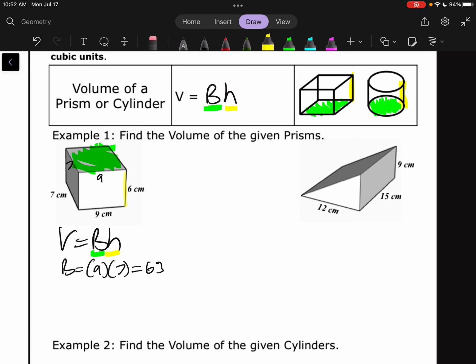And then the height is 6. We will do 63 times 6, and that is 378 centimeters cubed.